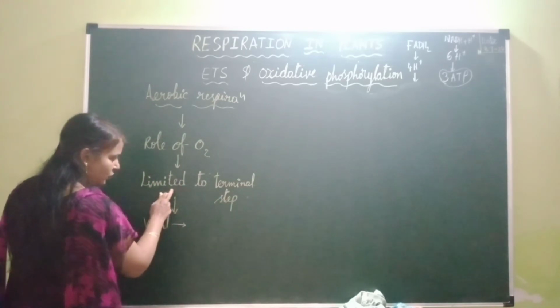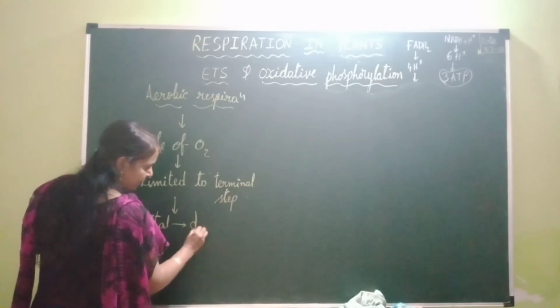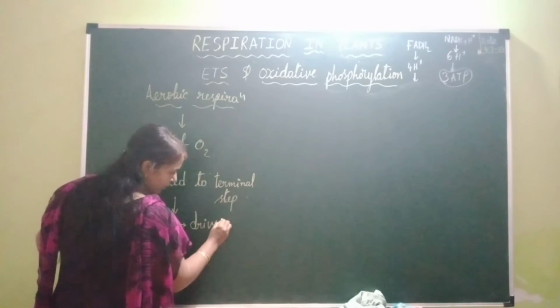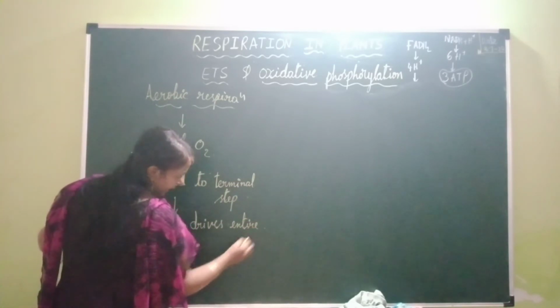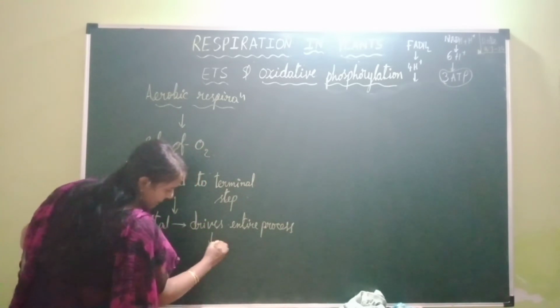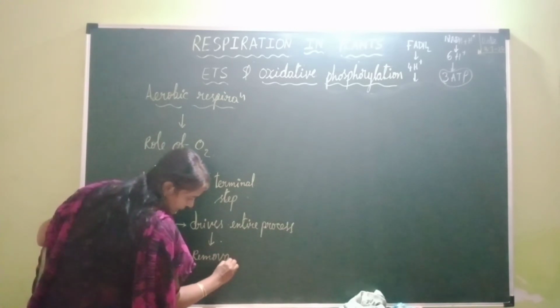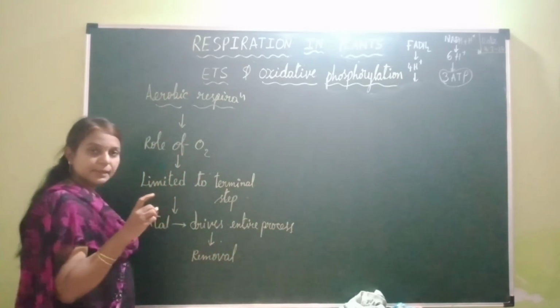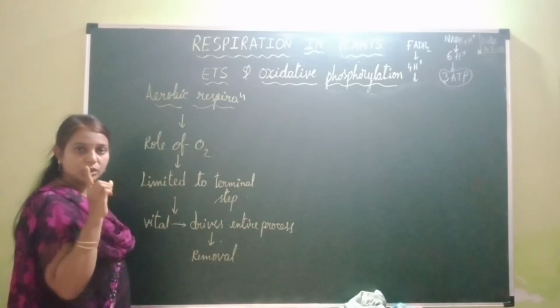So the presence of oxygen is vital because it drives the entire process of aerobic respiration, by the removal of protons from the mitochondrial matrix. So what can we say here? The final proton acceptor is oxygen, and even the final electron acceptor is also oxygen.